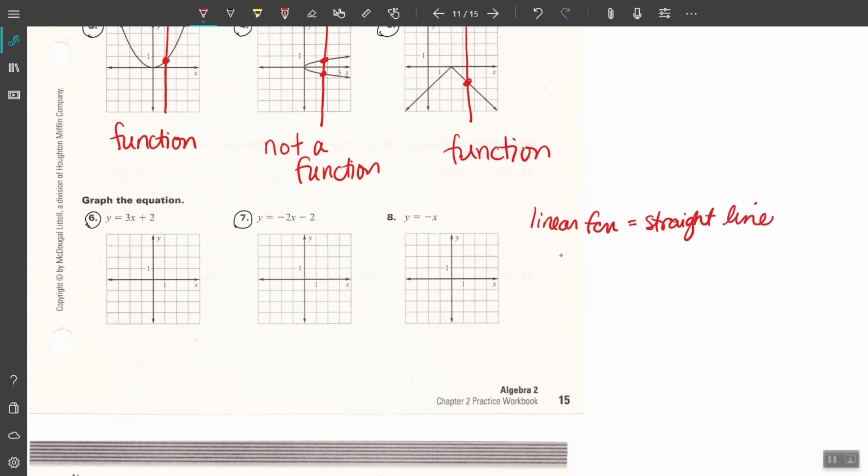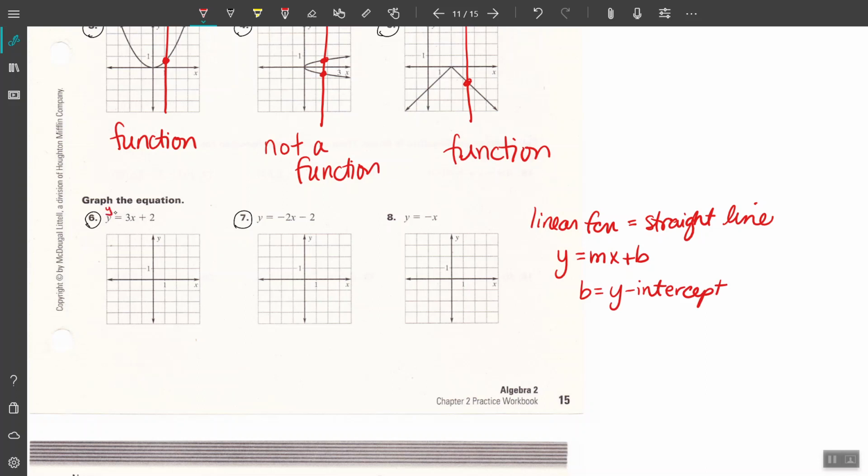We're dealing with our y equals mx plus b, so our slope-intercept form. And if we take that into account when we see this y equals 3x plus 2, we need to remember that the b is our y-intercept, so that's what that stands for. So in this particular problem, 2 is our y-intercept because this is our b right here.